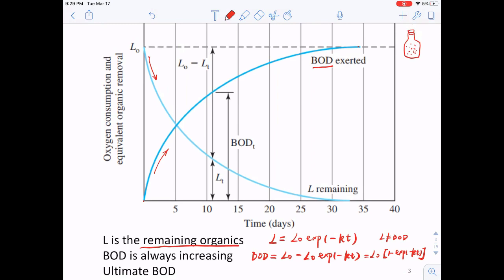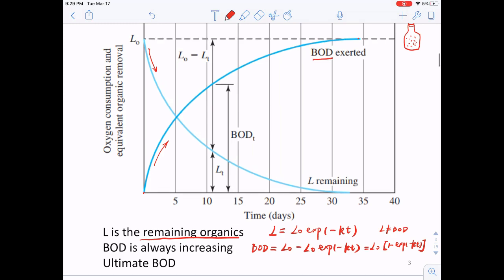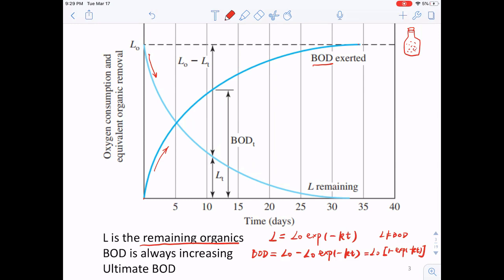Okay, so we need to pay attention that the BOD is always increasing, while the remaining organics is always decreasing. Therefore, we introduced the concept that there is an ultimate BOD, which is the largest BOD a water can have.